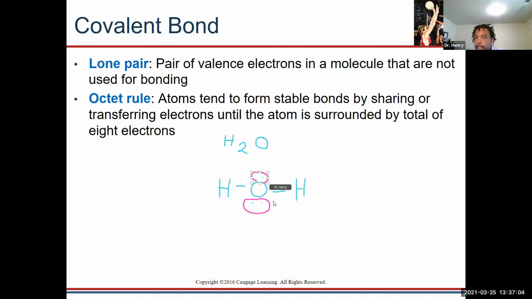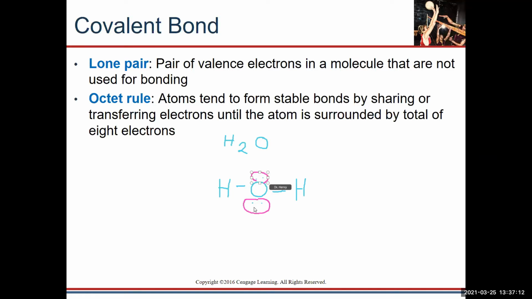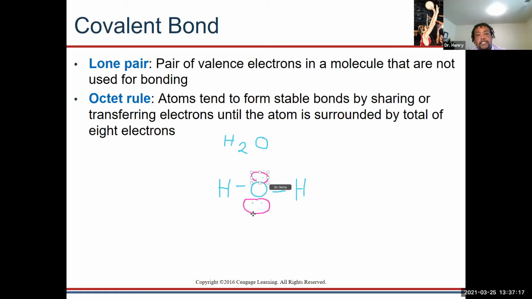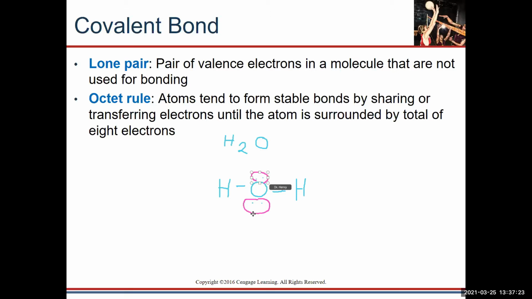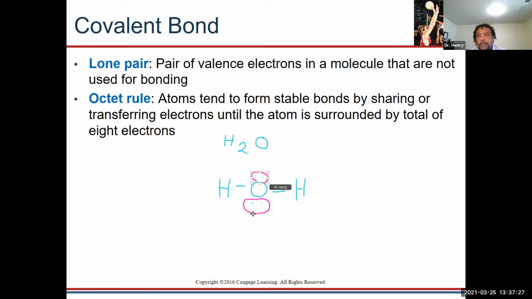Does that make sense? So when I ask how many lone pairs this has, it has 2 lone pairs. If I asked how many lone pair electrons this has, it has 4. Do you see the distinction between the two?